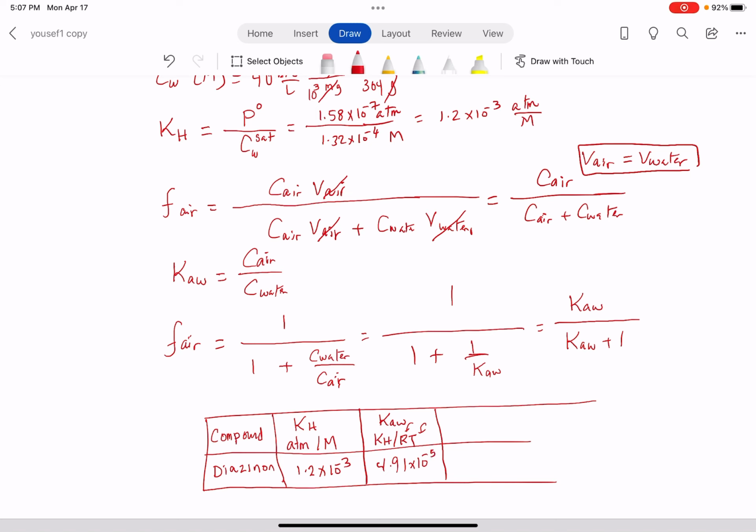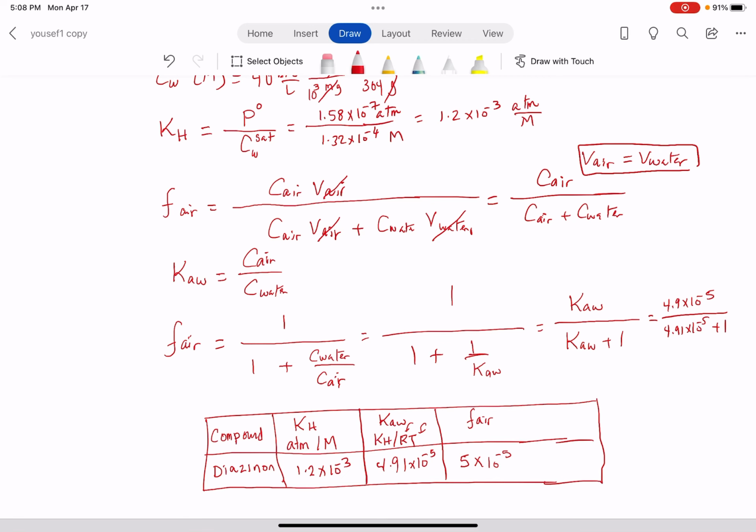Once you found this, you could now find the fraction in air. Just do it like this: 4.91 times 10 to the minus 5, over 4.91 times 10 to the minus 5 plus 1. And that is the fraction, which is about 5 times 10 to the minus 5.